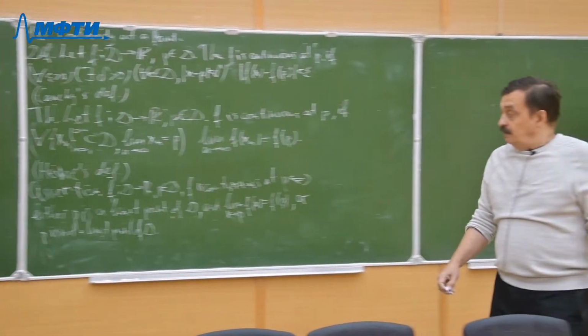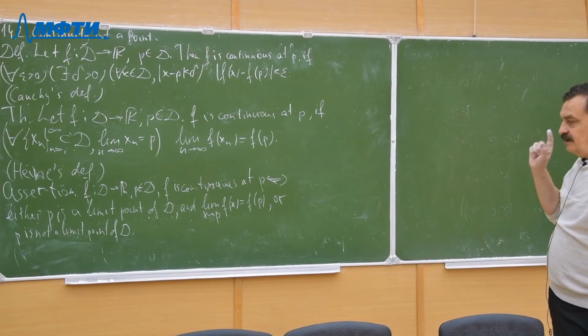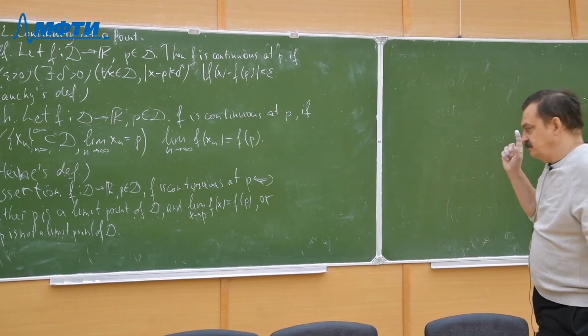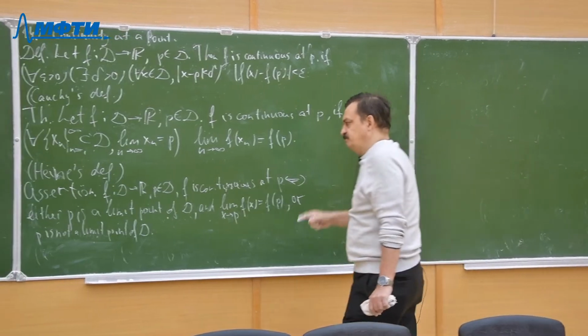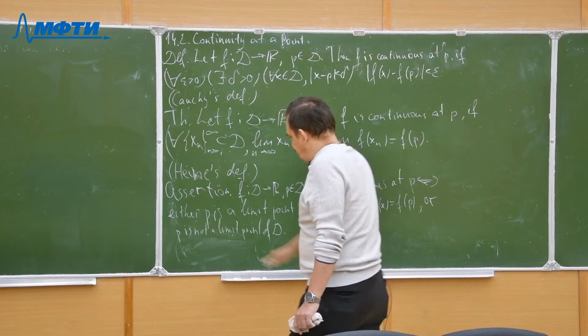So if p is not a limit point of D, then an arbitrary function which is defined at p is continuous at p. So nothing else.